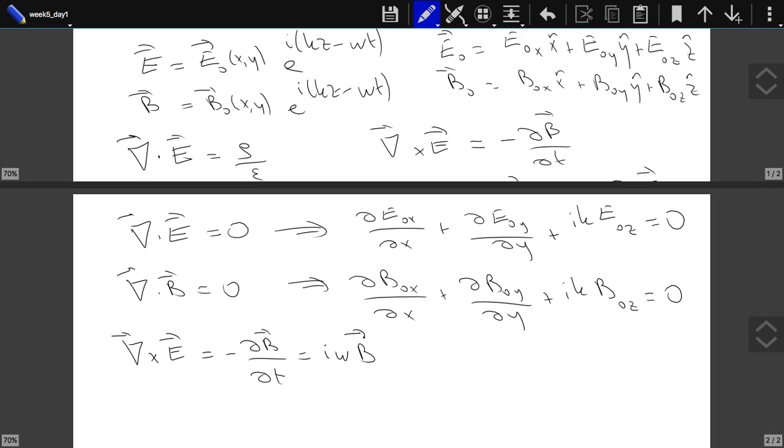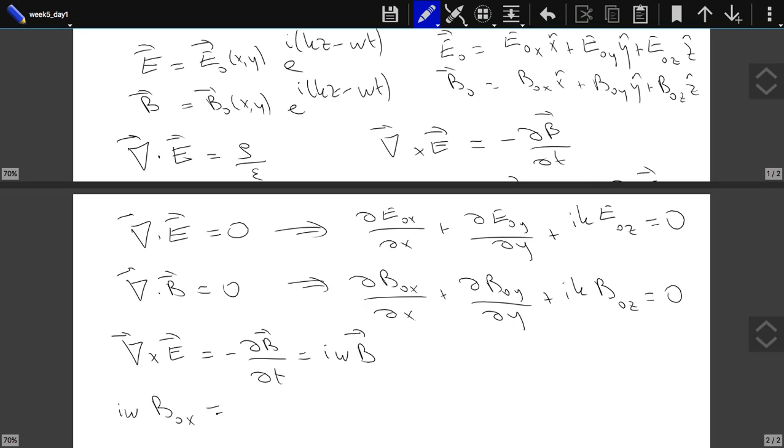Let's start with the x component. I omega times B0x. So in these equations, I have those e to the power i k z minus omega t factors, but they are common on both sides, so I'm just canceling them. I'm not writing them out. Well, the x component of the right-hand side is i omega B0x.